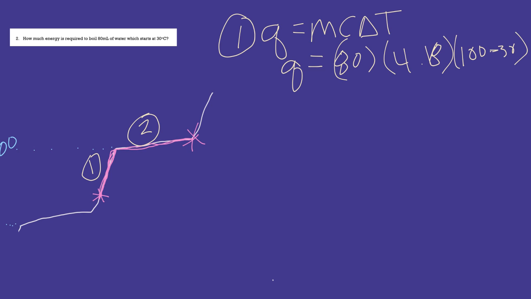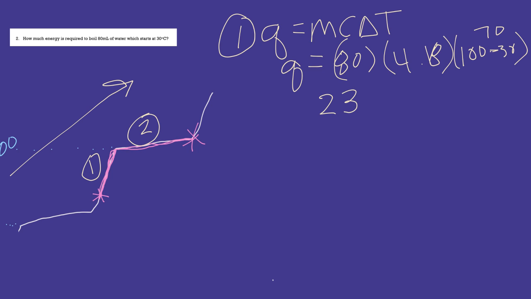Make sure we make this 70 before we put it into the calculator. So we have 80 times 4.18 times 70, and we expect this value to be positive because we're adding energy. We're going up on the heating curve. So that should mean we have a positive value. This is endothermic. And I'm going to take my answer and divide by 1,000 to get kilojoules.